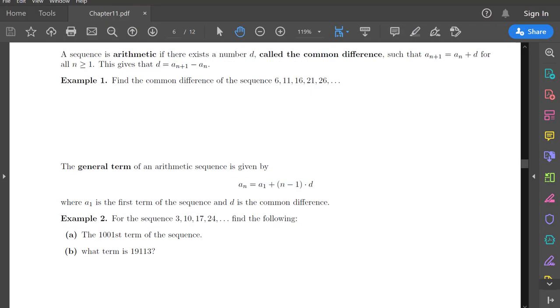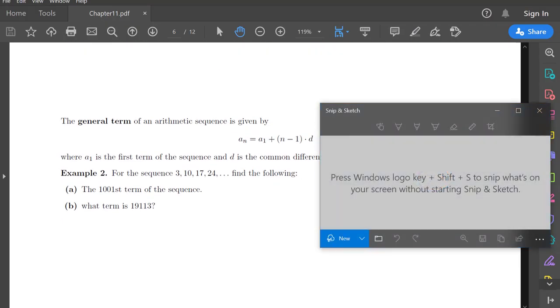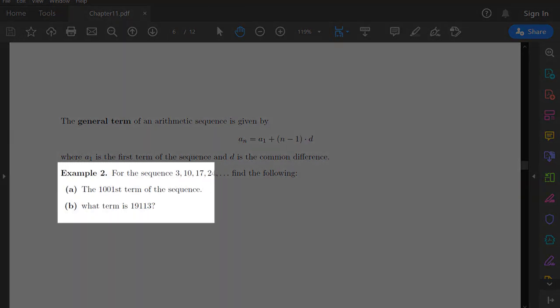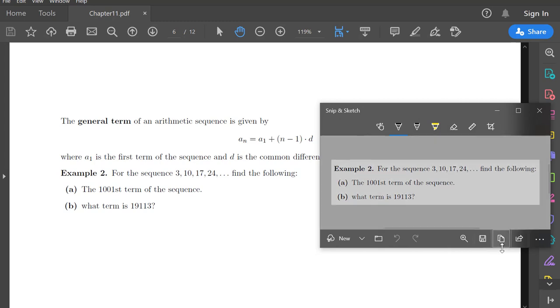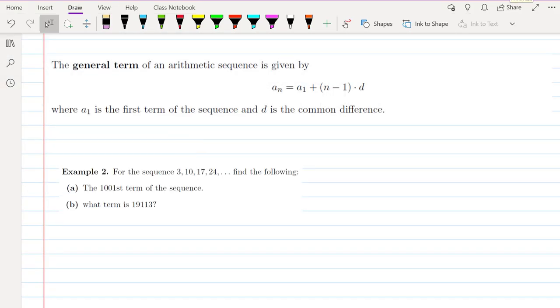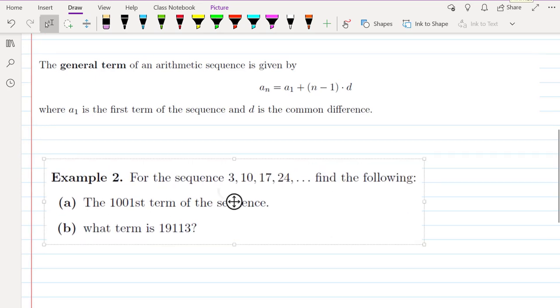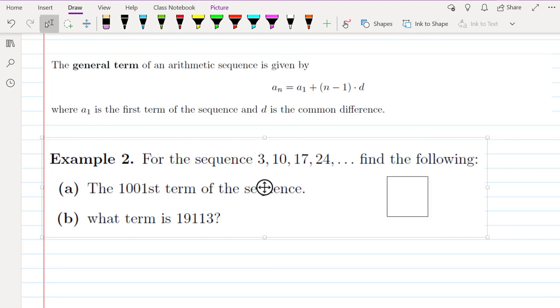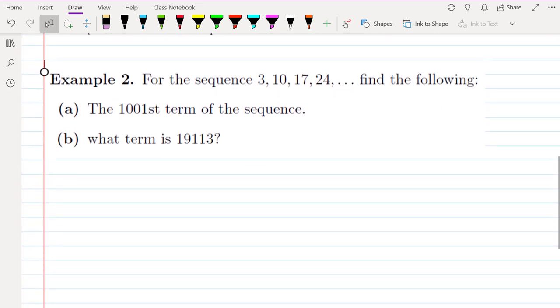We can use this to find the general term of a sequence. If you watched the video earlier for 11.1, we did this by just reasoning through and looking for a pattern, whereas this formula gives us a way to find it algebraically if we know certain information.